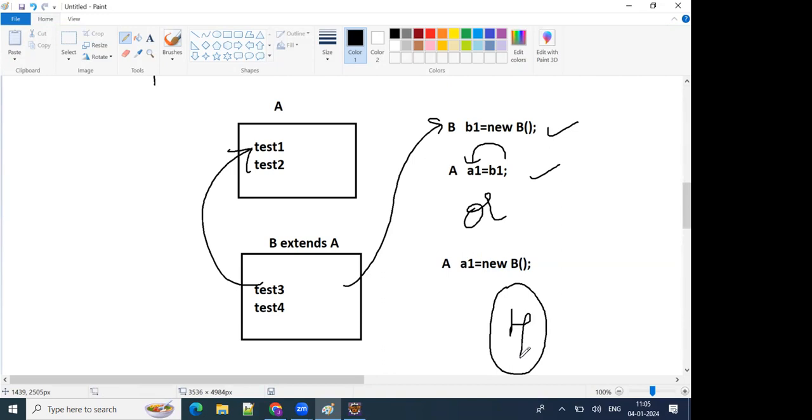Let us assume there are six members, of which three members are from class A and the other three are from class B. Assume I am a reference of A1, I won't recognize the others; I will recognize only the members of class A. A1 can see only the things of A. B1 can see only the things of B.